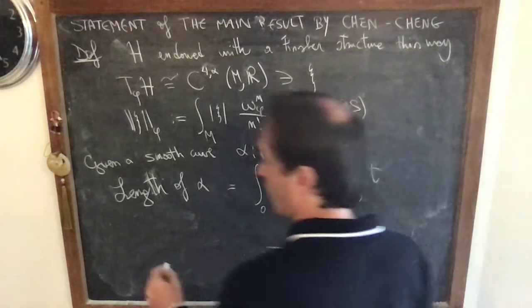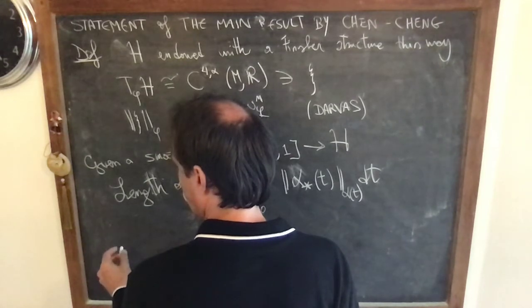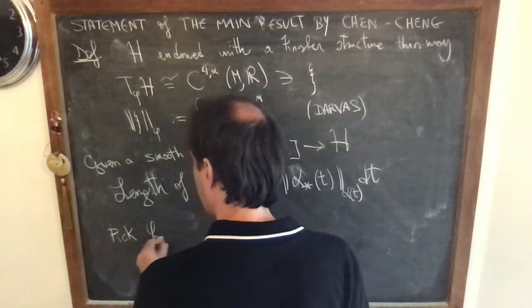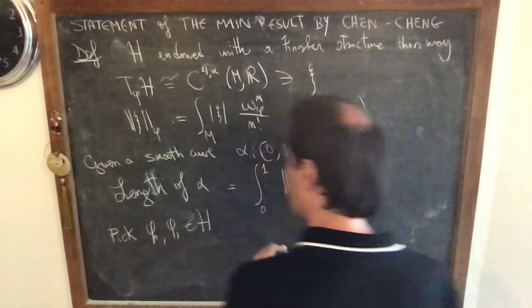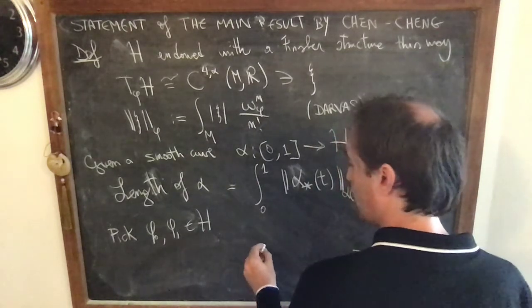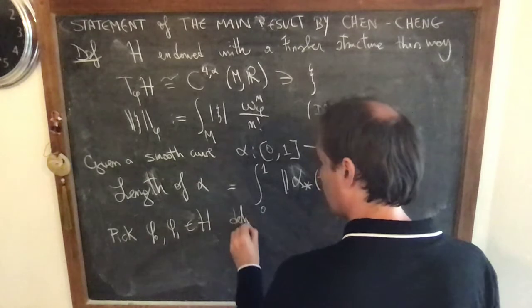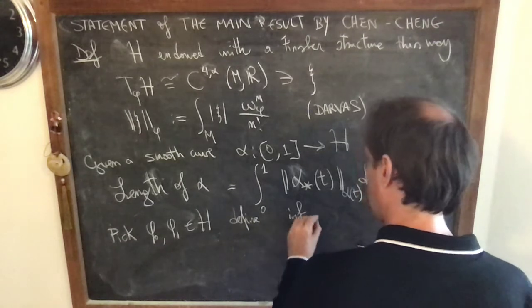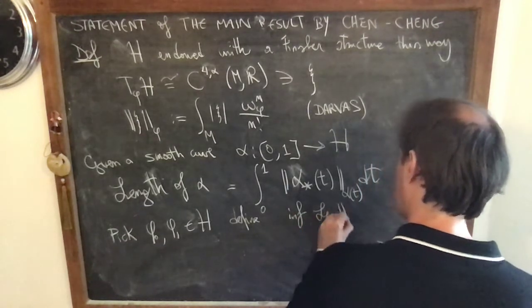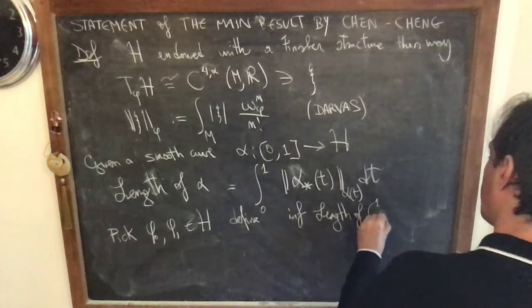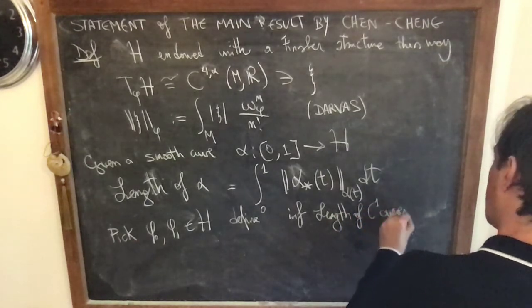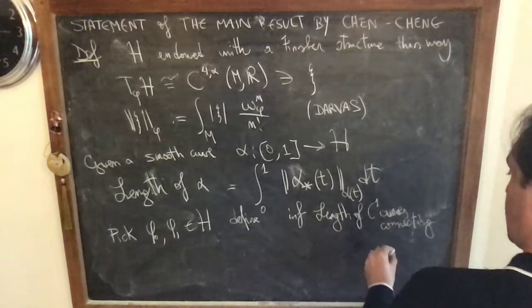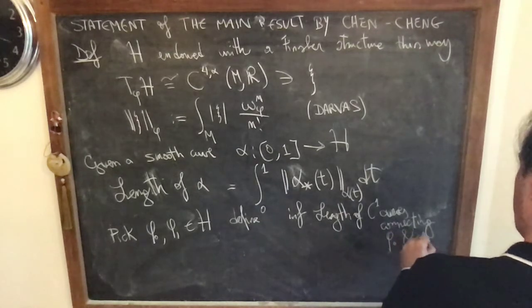Now pick phi0, phi1 in the Kähler class. One could define the infimum of the length of C^1 curves connecting phi0 and phi1.